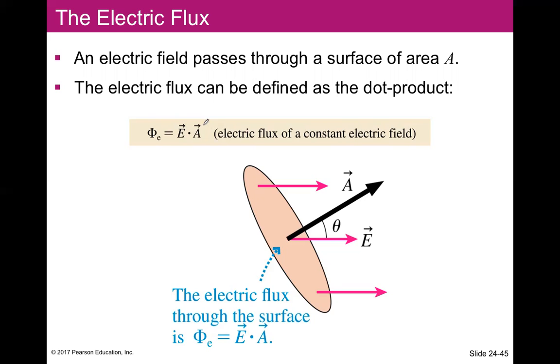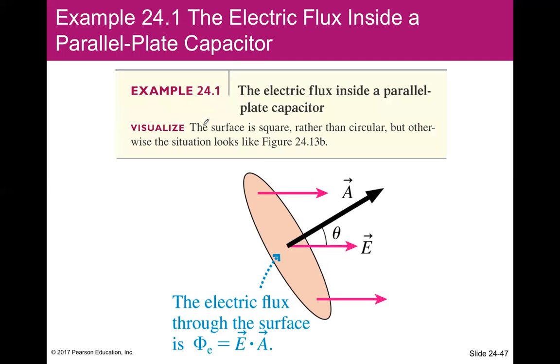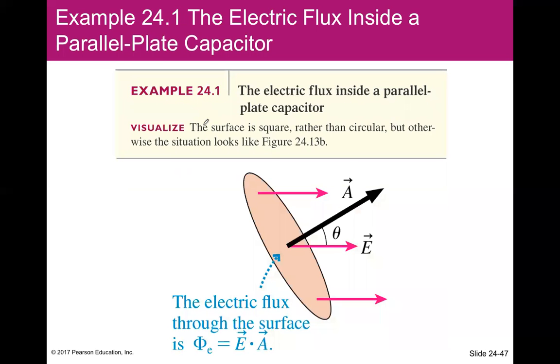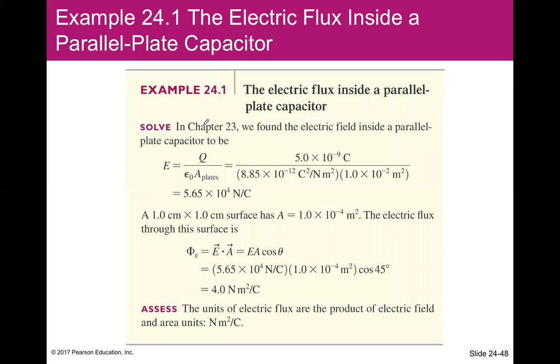That's the magnitude, and the cross product for two vectors is a vector again, but it's perpendicular to the two vectors. It's going up using your right hand rule. But for the dot product for two vectors, it's a scalar, just EA cosine theta. Okay, so calculating flux, I think it's not a problem at all for you, just using the dot product.